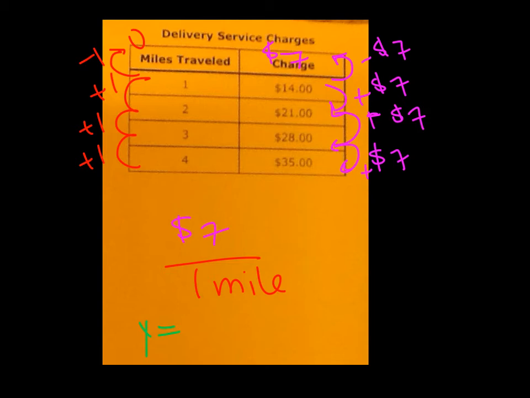So we could say y is equal to that same idea of the $7 per 1 mile times x miles plus a base charge of $7.